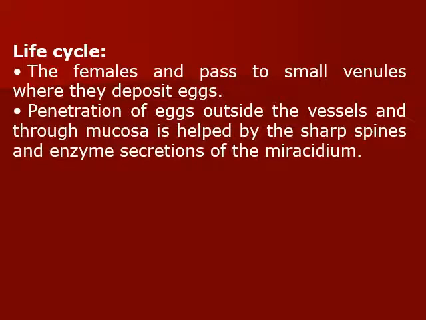The eggs penetrate outside the vessels and pass through the mucosa of the viscera where the venules are around them. This is helped by the sharp spines of the eggs and the enzyme secretions of the miracidium, which lyse the tissues, somewhat aiding in their penetration.